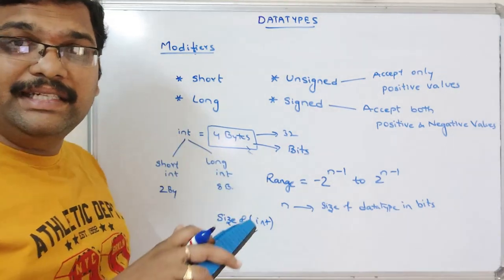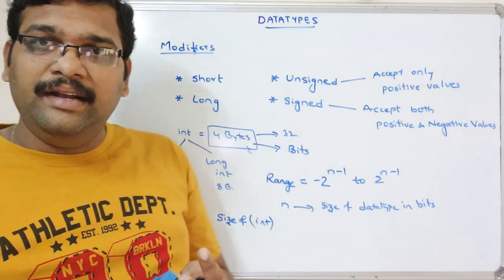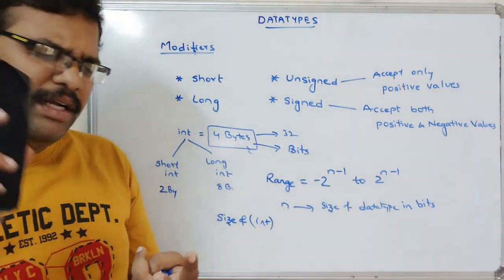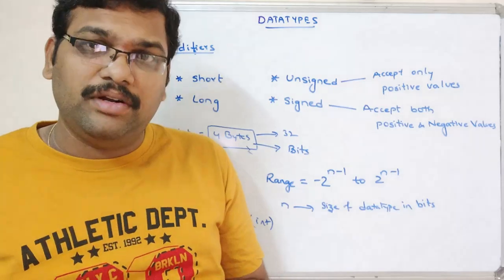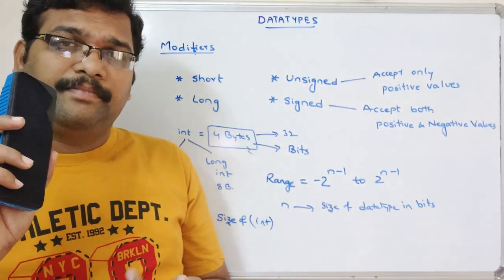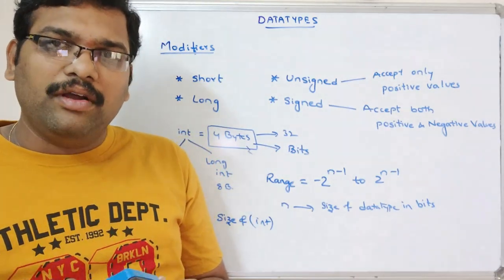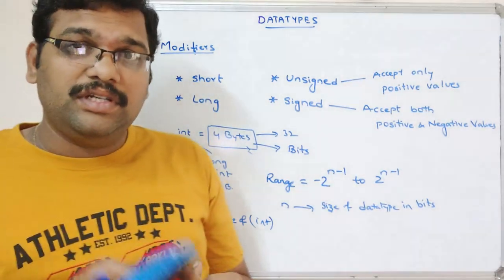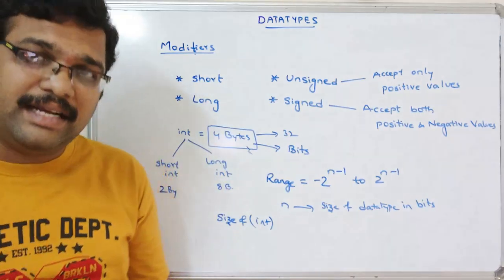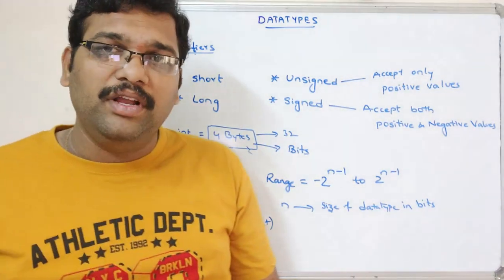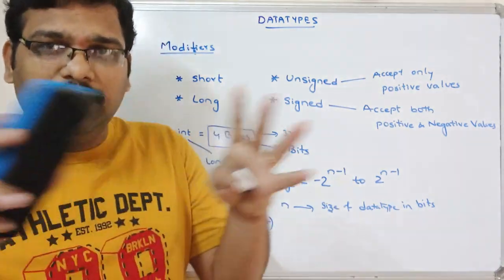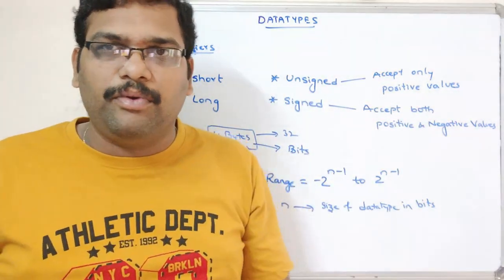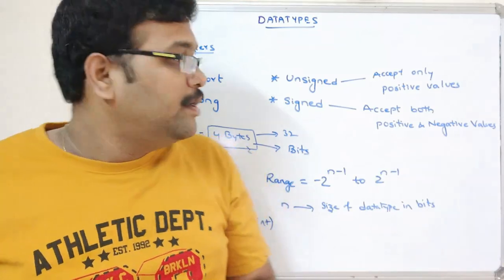We'll go with the integer, signed int, unsigned int, short int, signed short int, unsigned short int, and long int, signed long int, unsigned long int, float, double, character, unsigned character, signed character, boolean. So we'll see the size of all these data types along with the modifiers by executing a program, right? I will show you that.